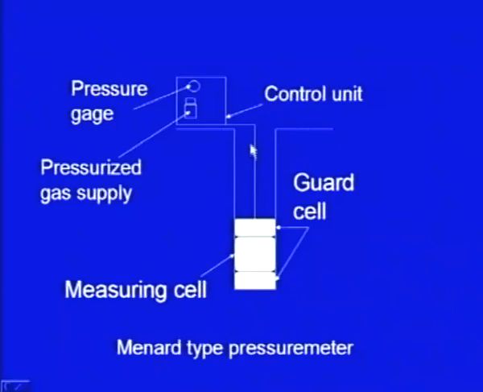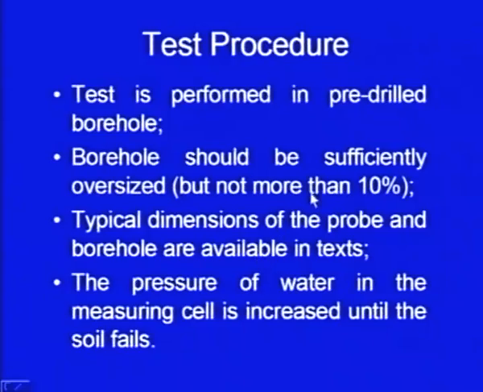Those deformations are measured and recorded through this control unit, which has the facilities for providing gas under pressure and some pressure gauge and monitoring equipment. So, it monitors the deformations corresponding to a particular pressure, and that data is used to calculate the modulus of the soil.